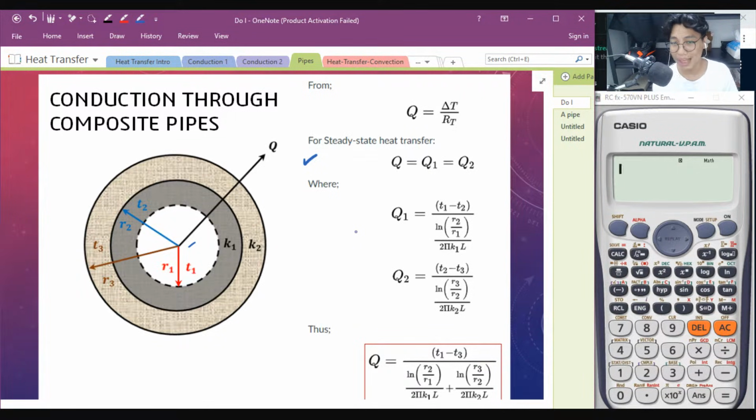Constant. And from the general equation, delta T over the total resistance, we can separate the individual heat transfers between them. But we can say that those heat transfers from one pipe to the other pipe will be the same.